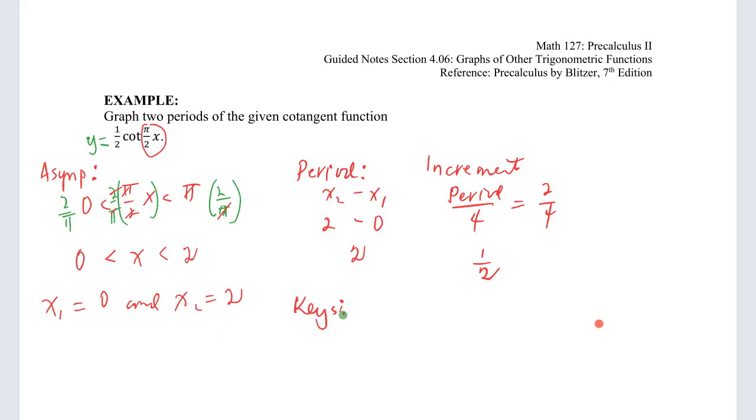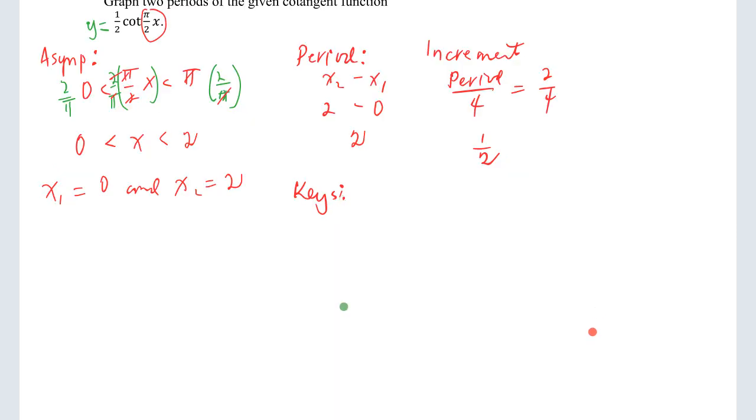Remember, for the keys, we need to have at least 5 key points: the first key, second, third, fourth, and fifth. The first key here would be, of course, our first asymptote, which is x equals 0. I got this from our first asymptote.